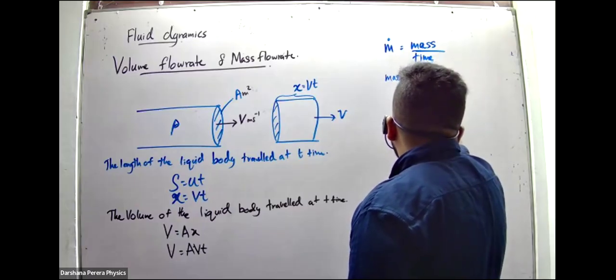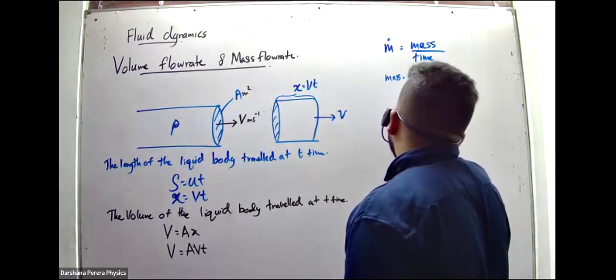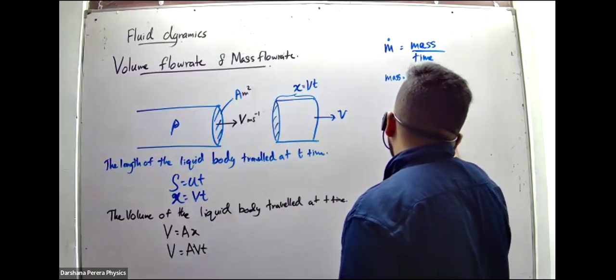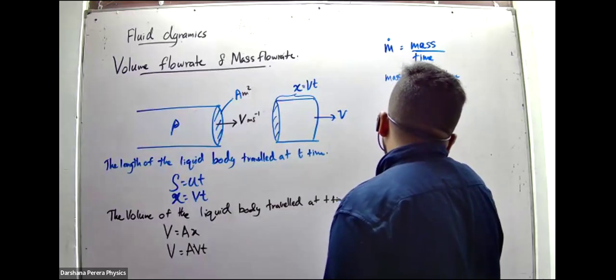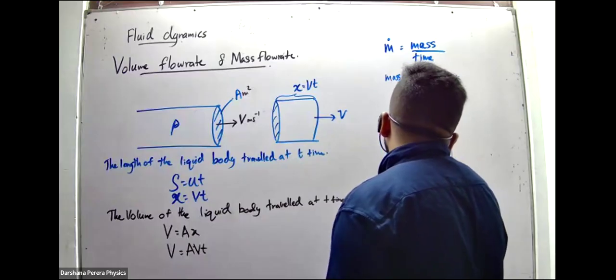So density rho, volume equals what? A v t. So the mass flow rate is rho A v t over t, t to t cancel out. Mass flow rate, m dot, equals rho A v.